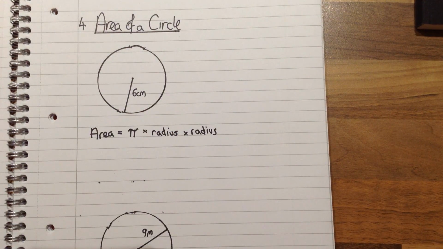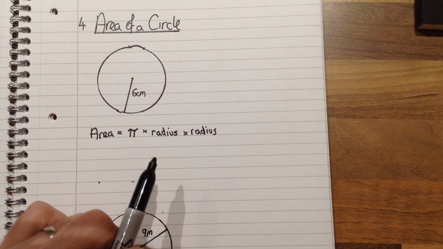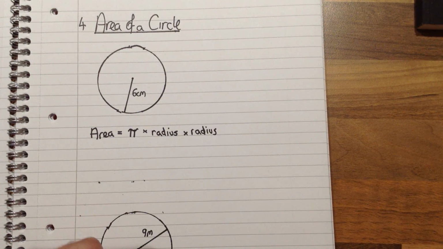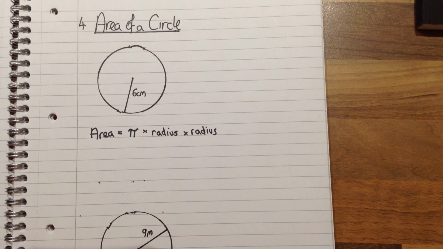So let's go through what each of the bits on this question relate to. Pi is actually a number. Now it's something that mathematicians hundreds and hundreds of years ago worked out and basically assigned this little symbol. It's a Greek letter from the ancient Greek alphabet that they decided to use to represent this number.